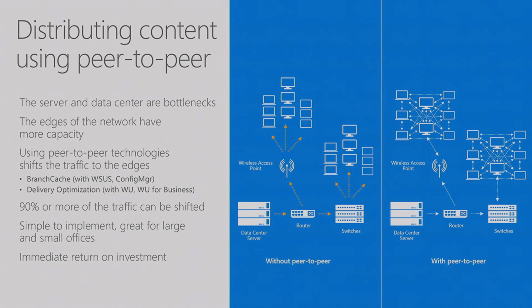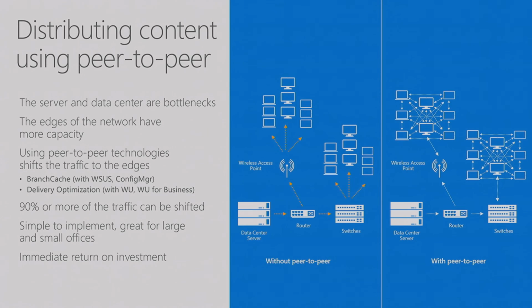So it will even offload things from your management points if you're using Config Manager. So very nice, easy to implement. You just need to set a couple of group policies to enable that, enable a few firewall rules, turn on BranchCache on your distribution points, and in the case of WSUS, your WSUS servers, and off it goes.